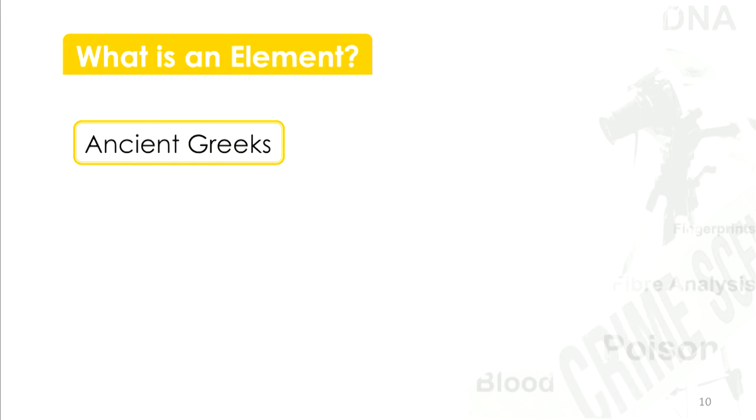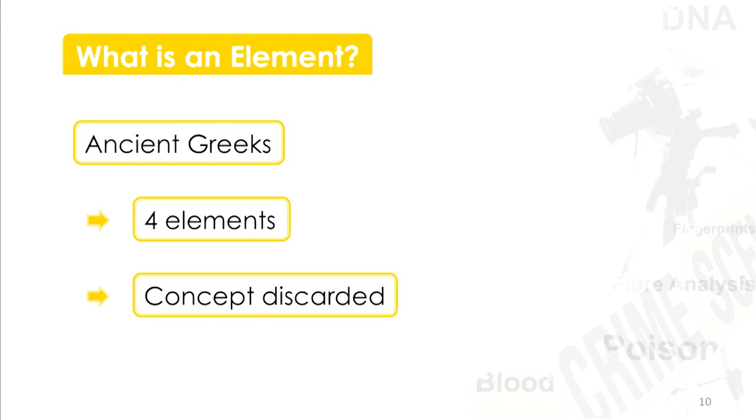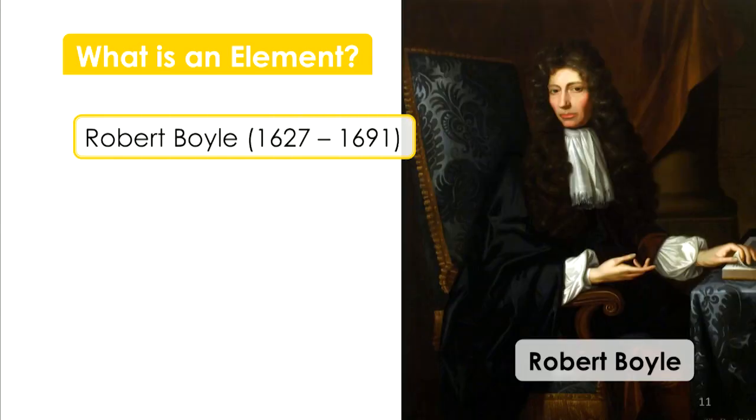Now, what is an element? The ancient Greeks considered that matter was made up of 4 elements. That concept was discarded long ago, and our current concept of elements comes from the Anglo-Irish chemist Robert Boyle, who lived back in the 17th century.